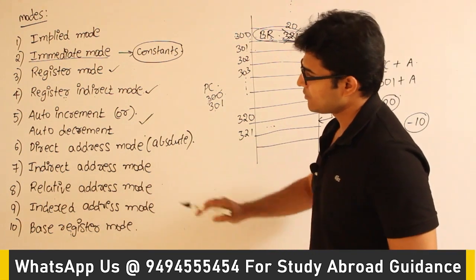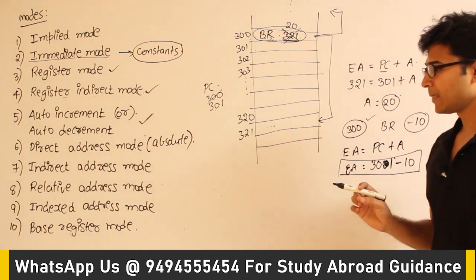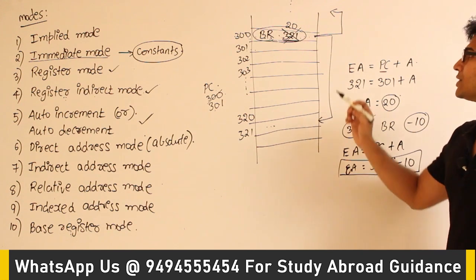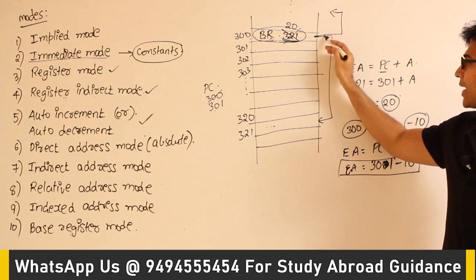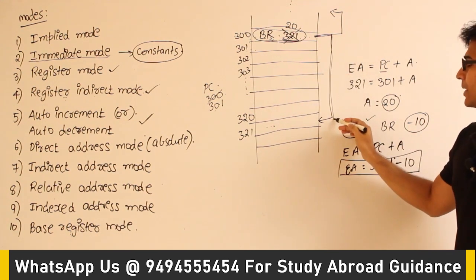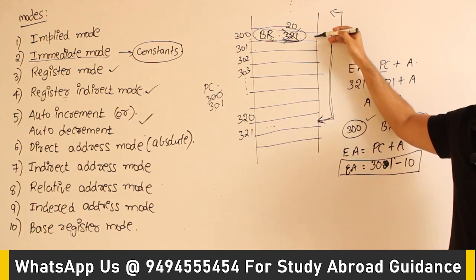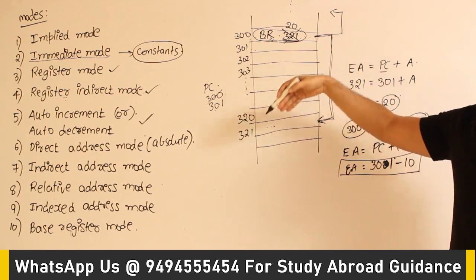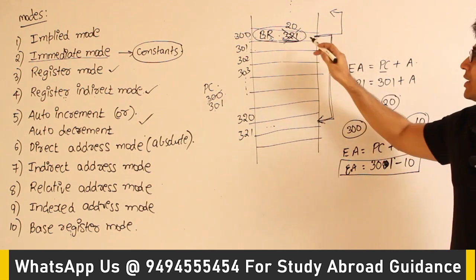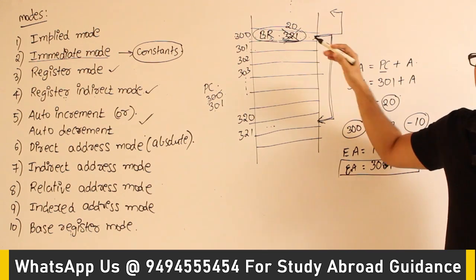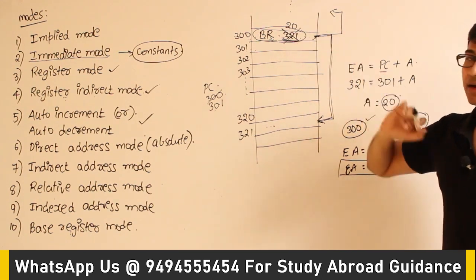Relative addressing mode is especially used whenever you have branching instructions. It is used whenever the branch has to happen to some few words relative to the present address. The main advantage is that the size of the instruction will be less compared to directly giving the direct address.